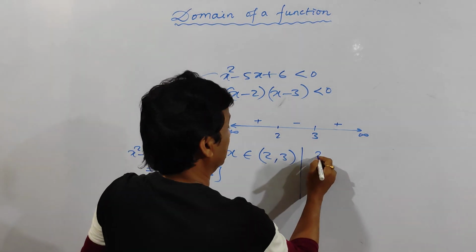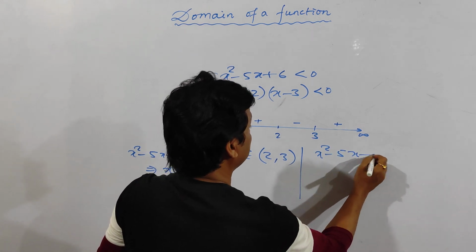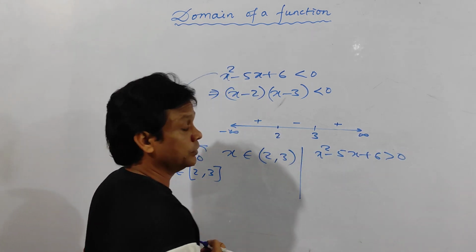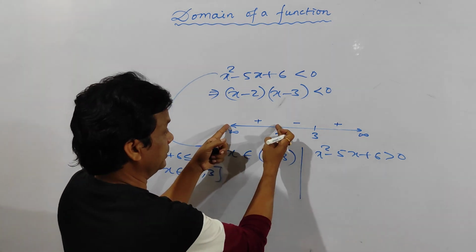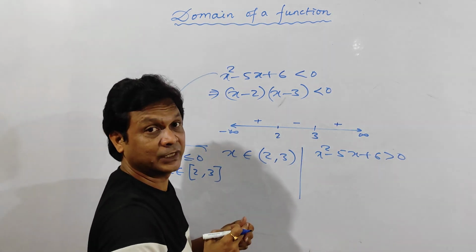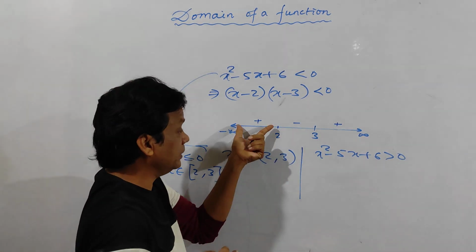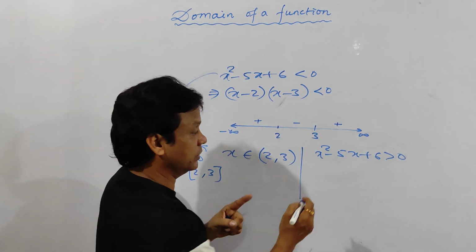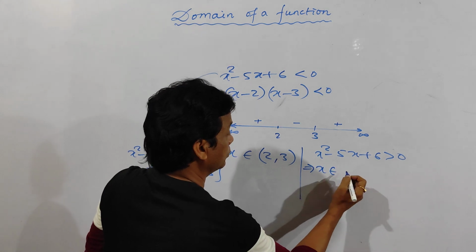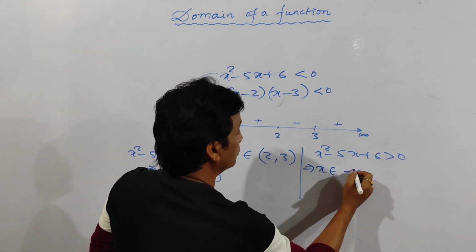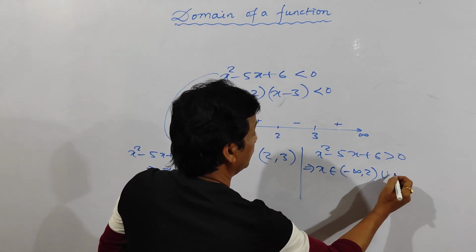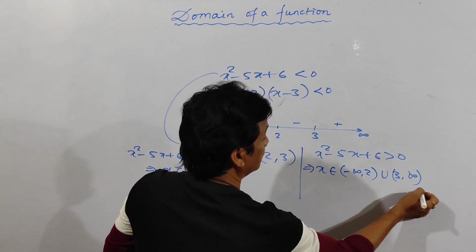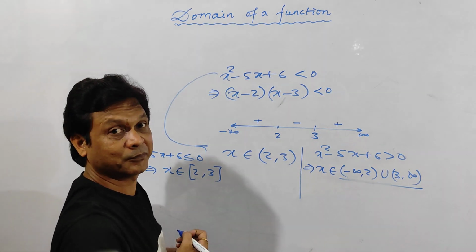Again, another question, same expression: x square minus 5x plus 6 is greater than 0. Positive. This one or this one. Either the value will lie in this region or in this region. Or means union. That means x belongs to (minus infinity, 2) union (3, infinity). Like this you should write.